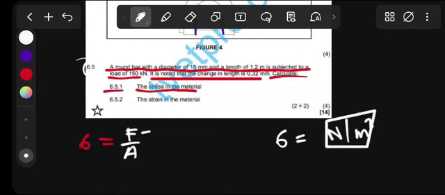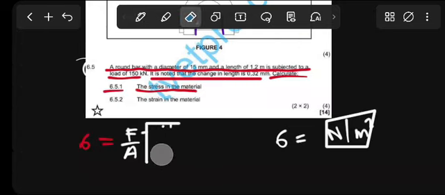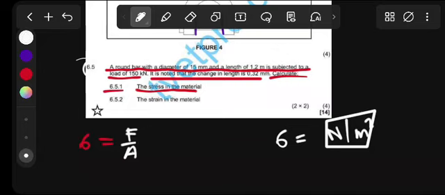The force is measured in Newton, and the area in meter squared. It can be a stress, or it can be a pressure. Do not panic if they give you something like Newton per millimeter squared. Just convert this, guys.